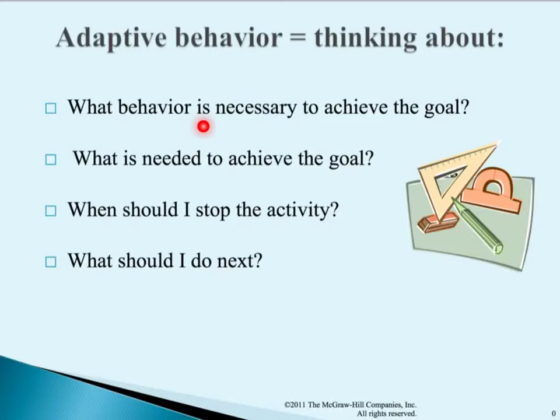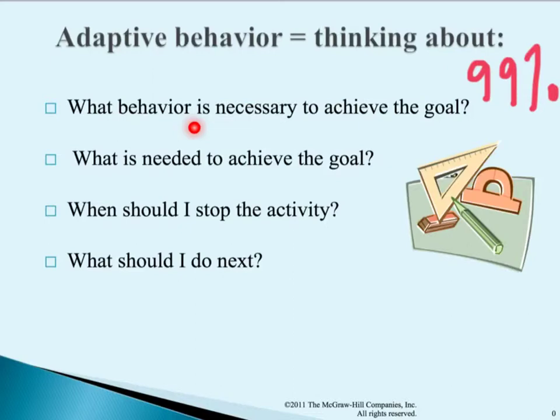So when I went to Hong Kong, I had to think about how to adjust to living there. 99% of the other people in Hong Kong are Chinese. My goal was to fit in, to make friends, to teach, to have a good life there, a productive life, and to make that possible for my family. So I had to think about what behaviors were going to help me achieve that goal.